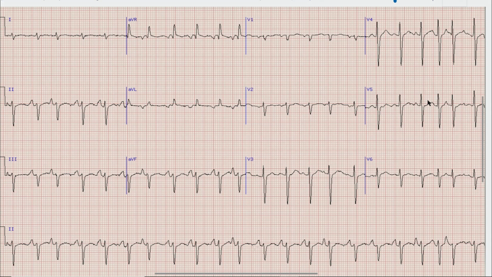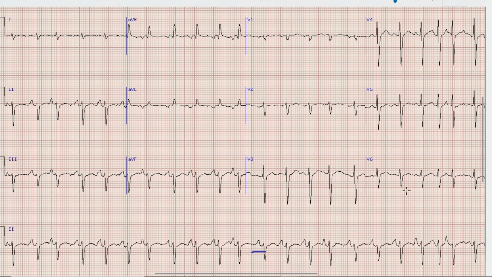This is called rhythm strip. As you can see, there are upright and prominent P waves before each QRS complex. Presence of upright and prominent P waves before each QRS complex means that this is a sinus rhythm.